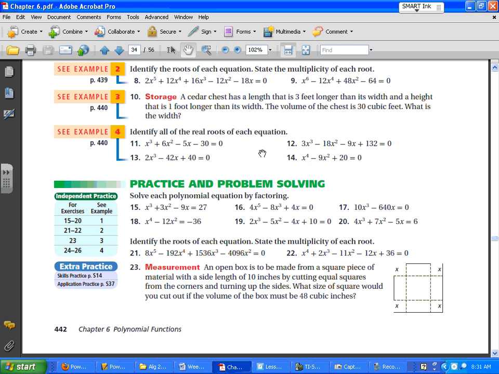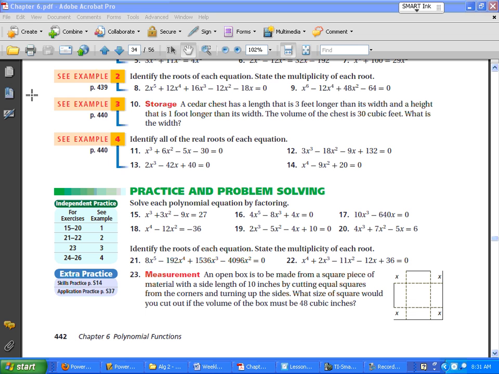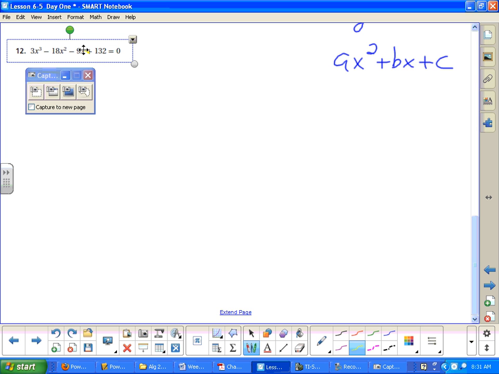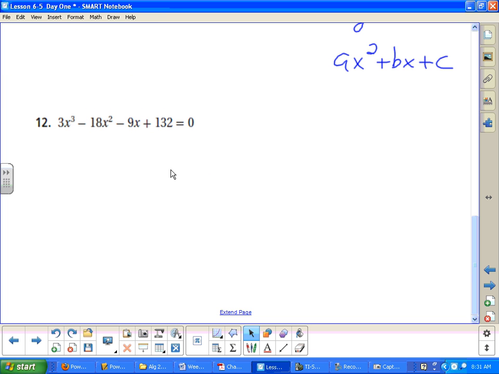So let's, all right, let's do this number 12 here. All right, so they want us to find all the real roots.